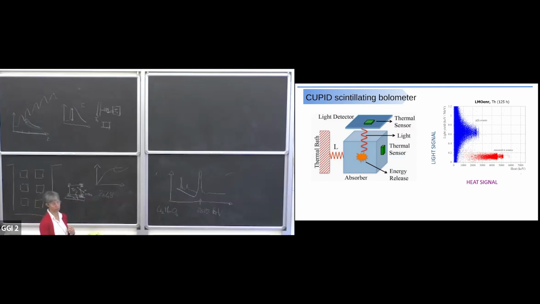So I use a bolometer also to read out the light. I use a wafer of germanium with a neutron transmutation doped thermistor, exactly as for the absorber. The signal has a much lower energy, but the heat capacity of this wafer is very, very small, and therefore I'm able to see them.